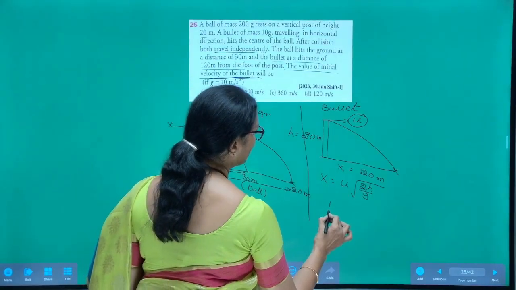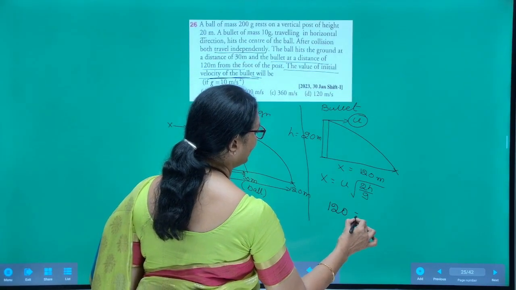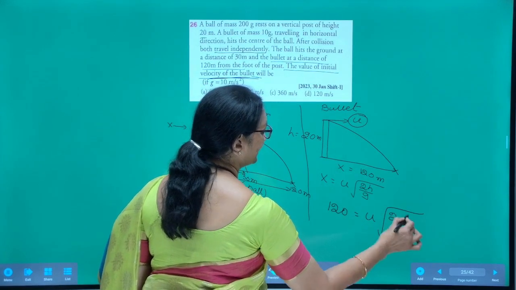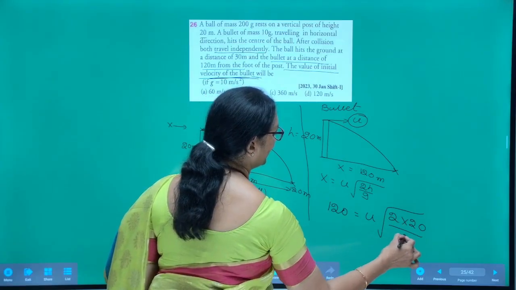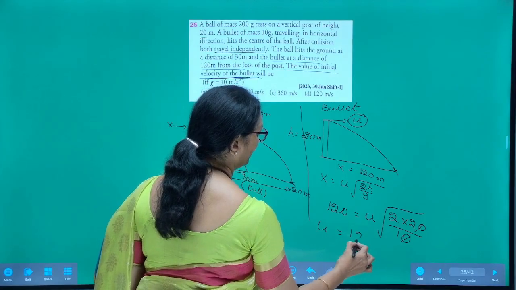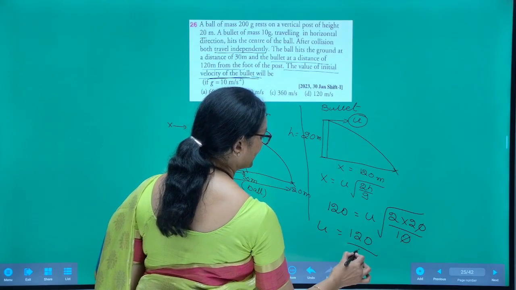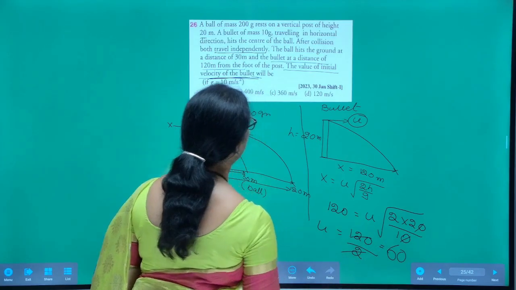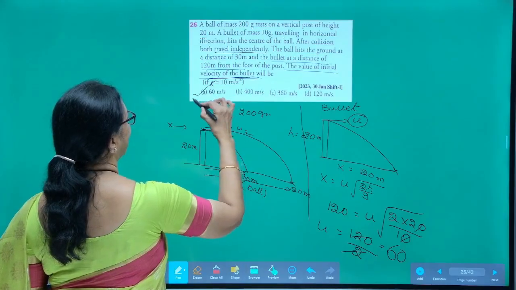So x is given as 120, this is u, 2h, h is given as 20, g is given as 10. So u is equal to 120 by square root of 4, which is 2, it is just 60 meter per second.